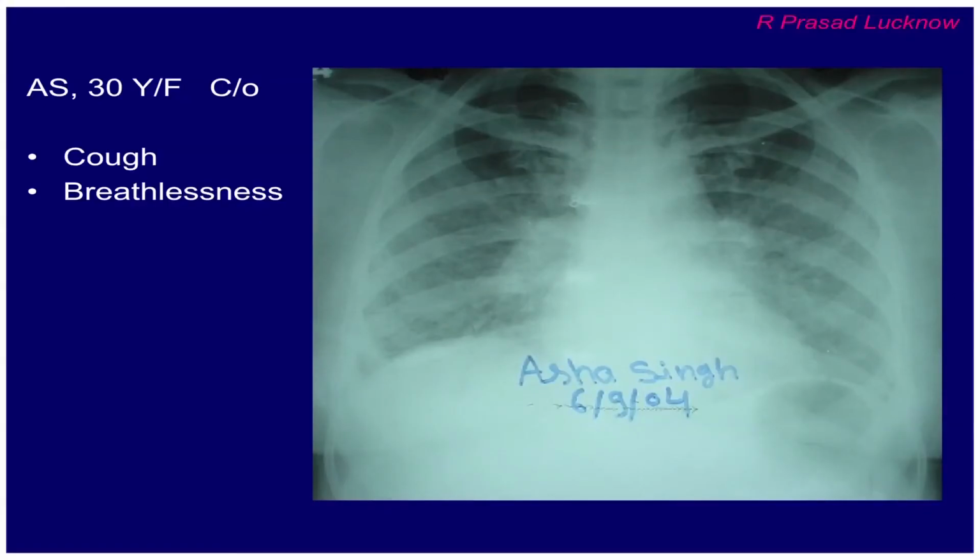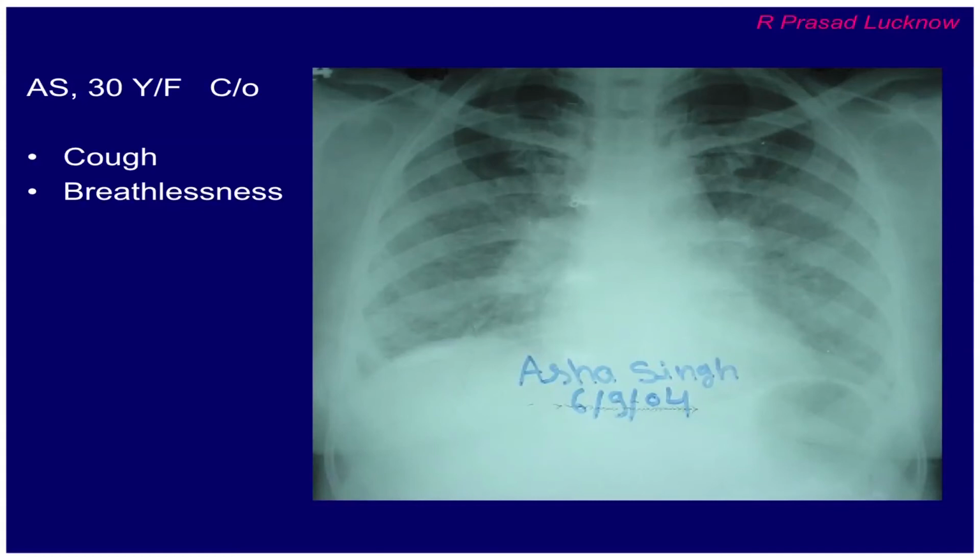This is another patient who had complaints of dry hacking cough and some breathlessness. So, X-ray, if you see carefully, there is hardly anything visible except that some bronchovascular markings appear to be more prominent in the middle and lower zones, but that cannot dictate the diagnosis.